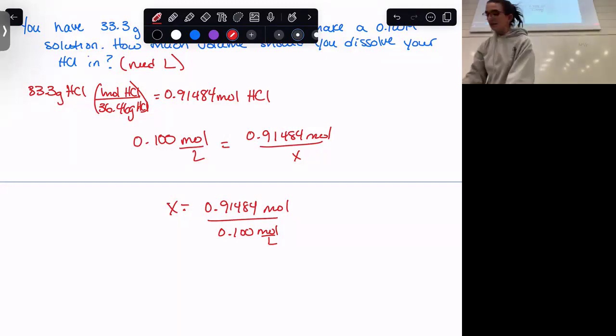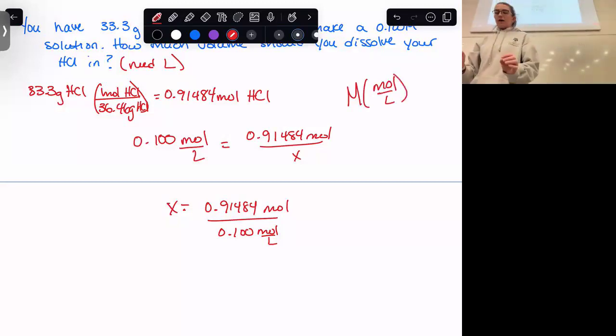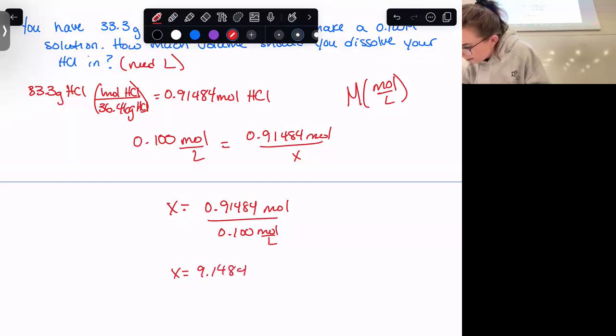Sorry, when I write it like that, I'm saying that capital M could also be written as moles over liters. I don't think of capital M, I think of moles over liters at all times. Okay, so then I end up with 9.144 liters.